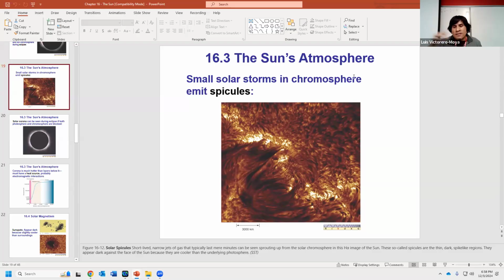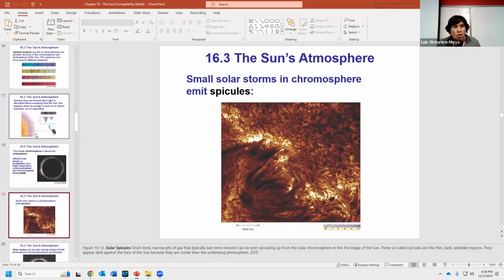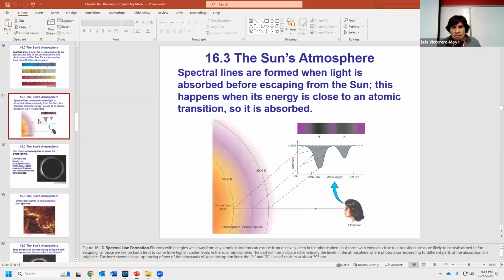That's the layer on top of the photosphere, by the way. You have the photosphere, you have the chromosphere, and then you have the corona. All right, the corona of the sun is around here, is the outer atmosphere of the sun.